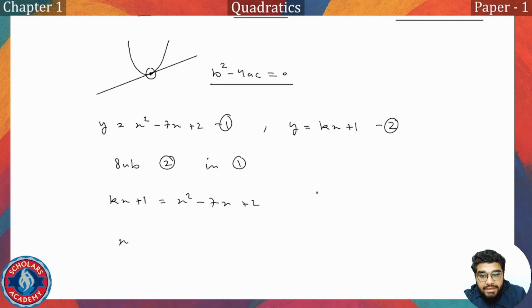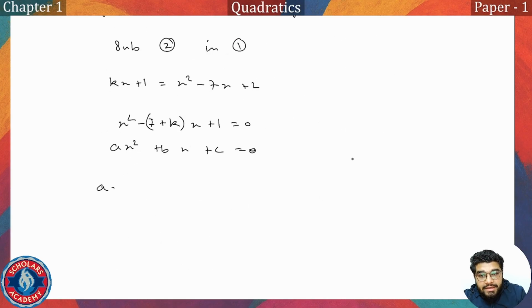So from here we get x square minus 7x minus kx plus 1 is equal to 0. Let's take the negative common: x square minus (7 plus k)x plus 1 is equal to 0. So this is what we are getting. If we compare it with the general equation ax square plus bx plus c is equal to 0, we get a is equal to 1, b is equal to negative (7 plus k), and c is equal to 1, right?